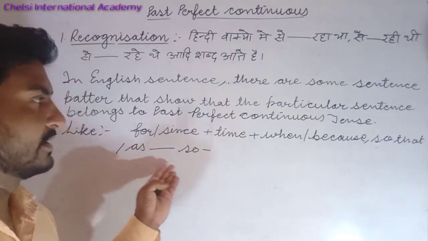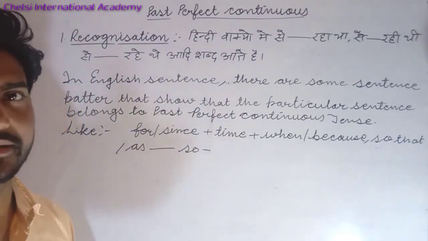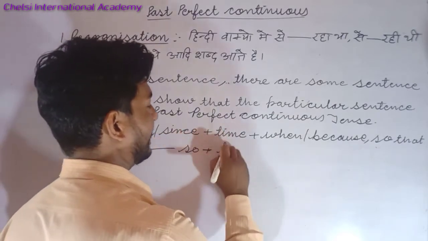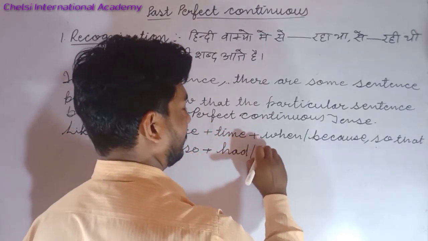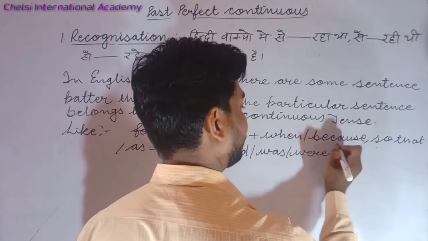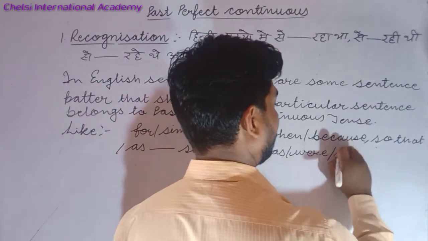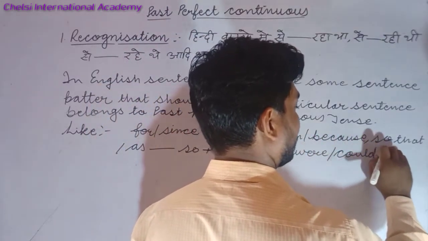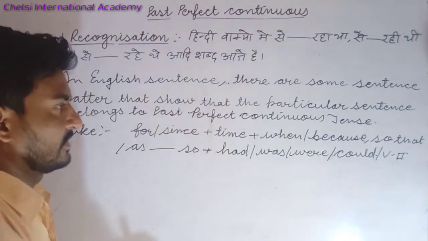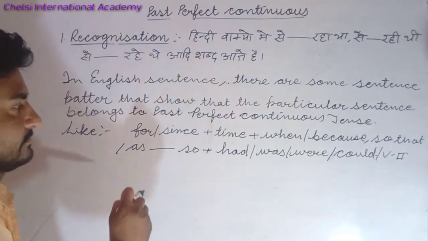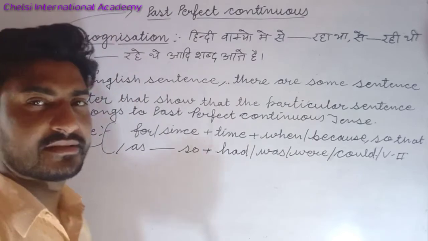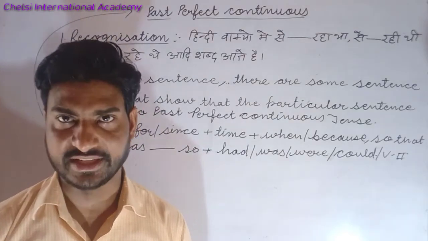After these joining words, these connectors, had, was, were, could, second verb. In this way this sentence pattern shows that the particular sentence belongs to past perfect continuous tense.